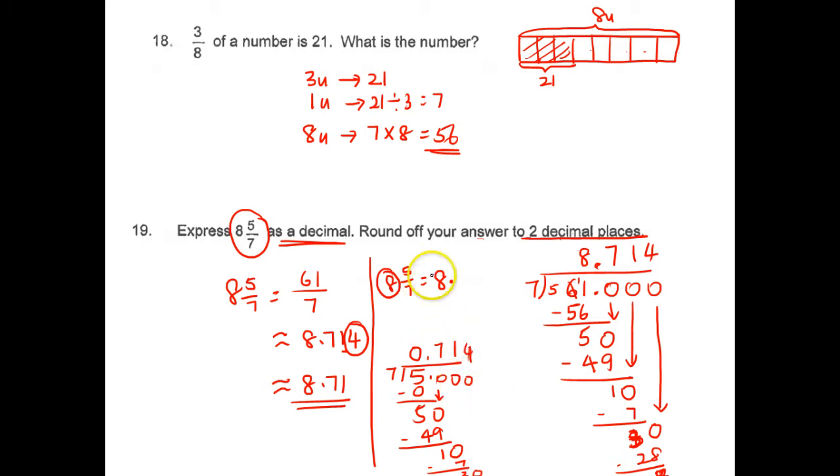So I would get 8.714. Again, my answer would be 8.71 to 2 decimal places. So this is another method that we are looking at. If not, we have to change the mixed number to improper fraction and then you divide.